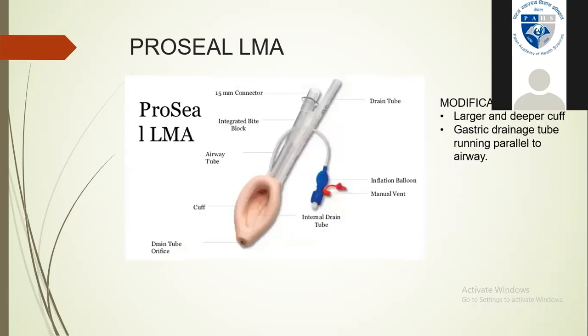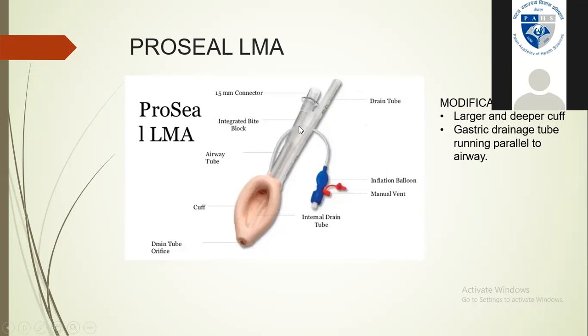So there are different kinds of modification of this classical LMA. One of them is PROSEAL LMA. So in this modification, as we can see, there are two tubes. One tube will be for ventilating, whereas another tube will be for drainage.